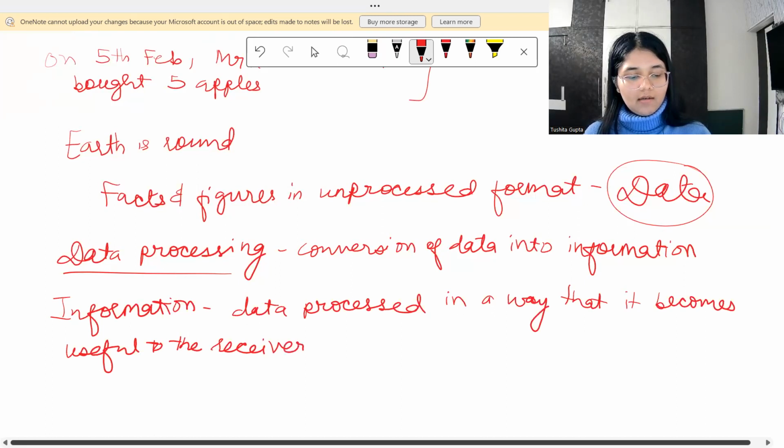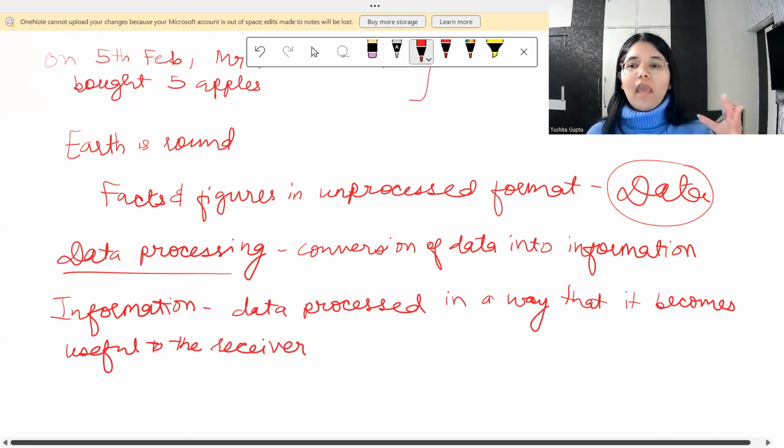So basically, data which is just bare facts or numbers, if you process that, if you probably show some charts to me, that this is the demand. Maybe I'm an apple farmer, so if you show me that this is the demand in different regions of the world, this will help me to make decisions that okay, these are the parts of the world where I can sell my apples.